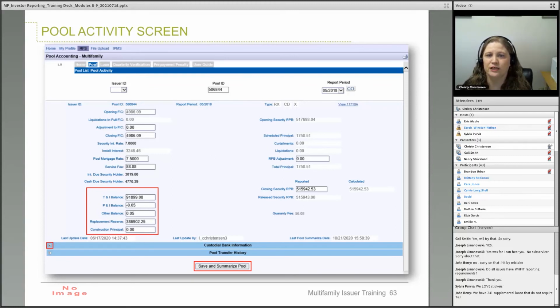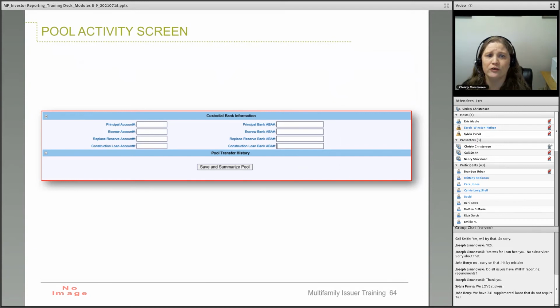Also, if you click the small plus sign in the bottom left-hand corner, the custodial bank information is displayed. This is where you would update any bank account numbers or ABA numbers. Ensure you click the Save and Summarize button if you make any updates on this screen.